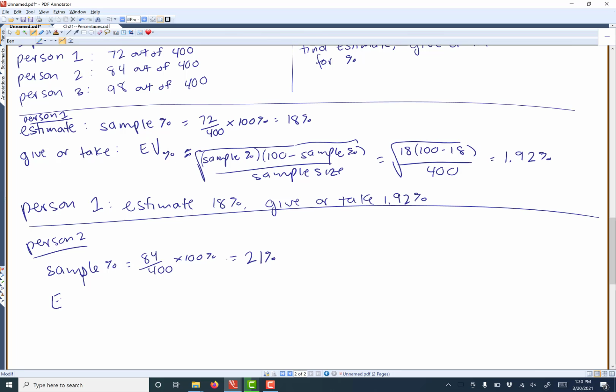And so my expected value for my give or take will be the square root. We'll do 21 times 100 minus 21, all divided by 400. Which gives me 2.04%.